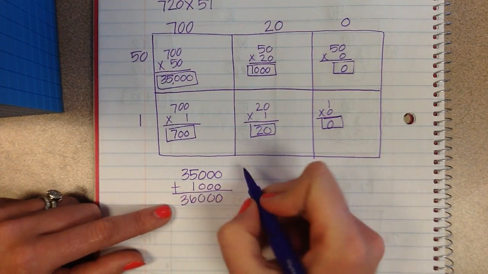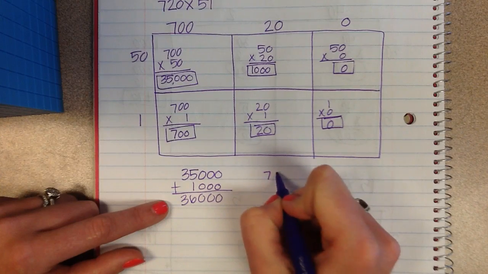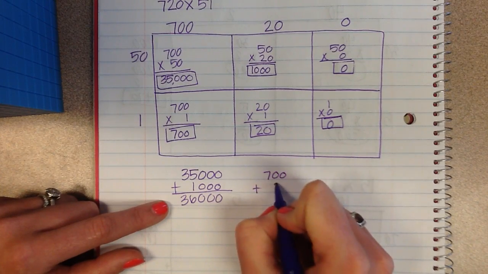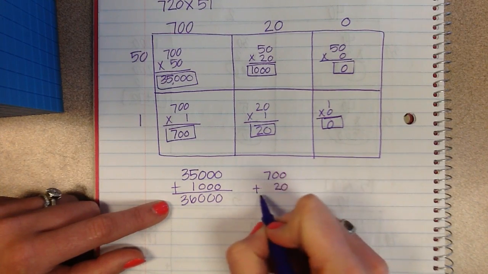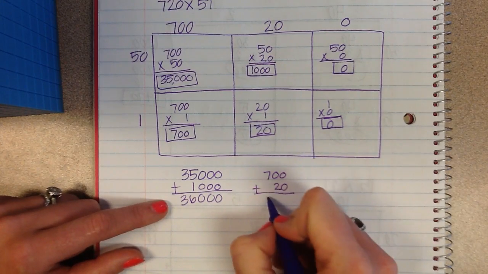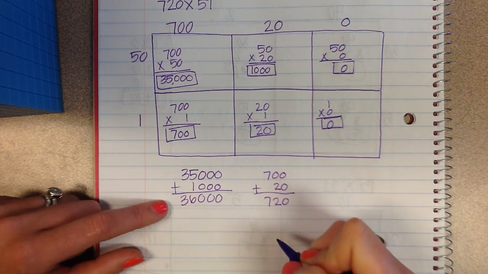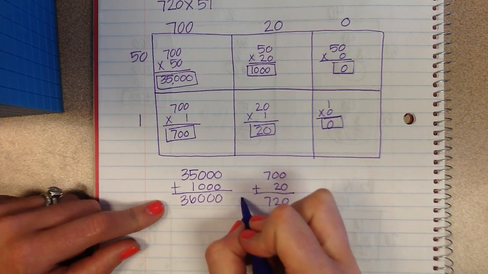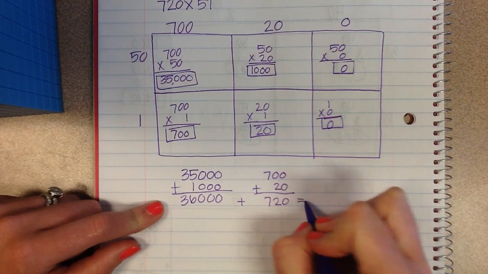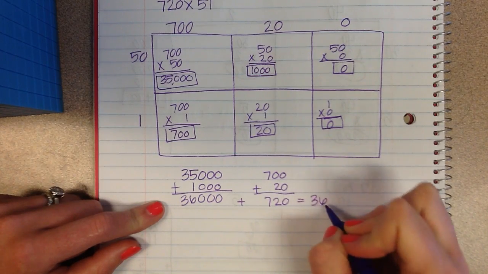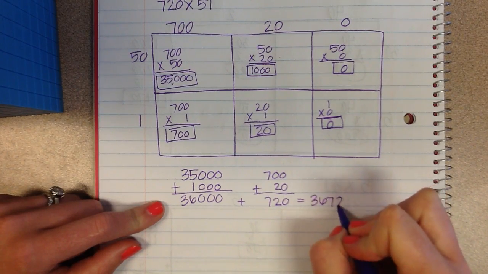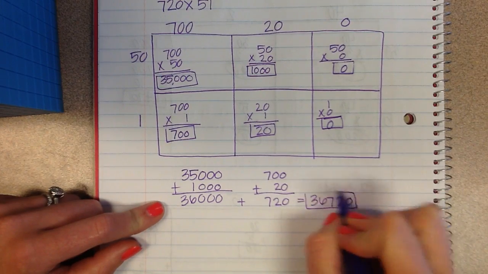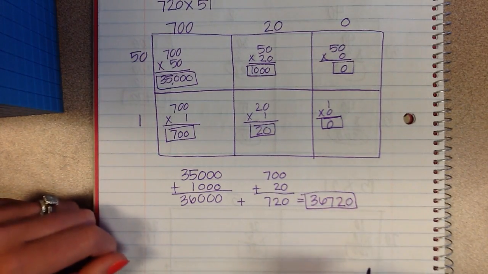Then I'm going to add 700 plus 20, and I'm not going to add the 0 because we know that's 0, and I get 720. Now I'm going to add these two together, and I get 36,720. That is my answer.